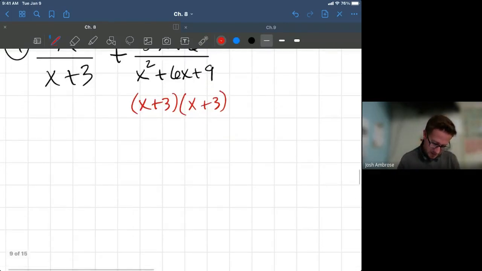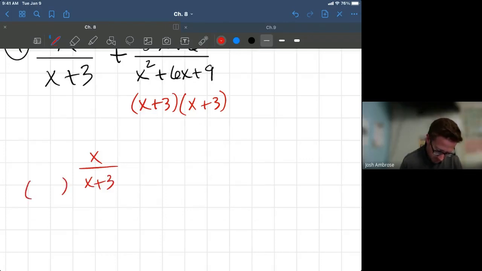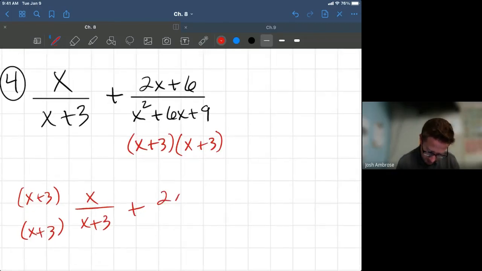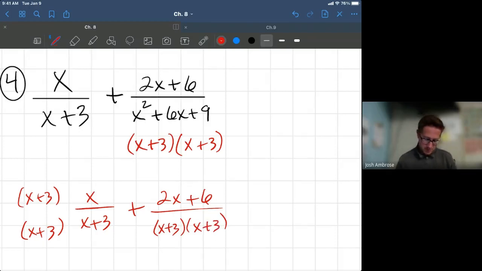Let's expand this out. So x over x plus 3, but we are multiplying the top and bottom by another x plus 3. This side is not changing because this side already possesses the common denominator, x plus 3, x plus 3.